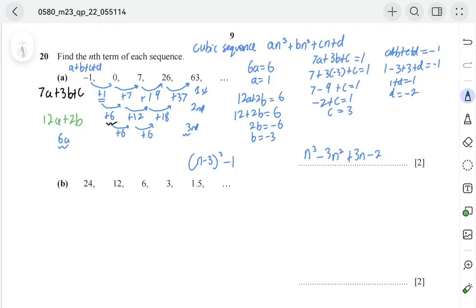Alright, now moving back to 20b, let's look at the difference. Well, this time, before we even do anything, we can clearly see there's not a difference in terms of adding, but instead multiplying. If we multiply by half, that is the interval between each of these terms.